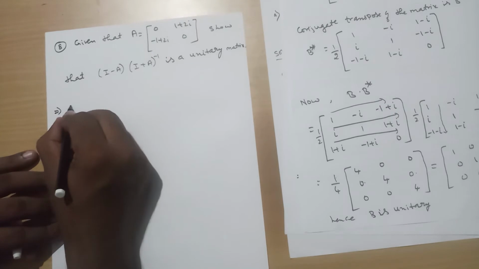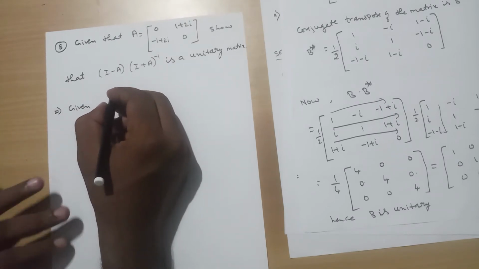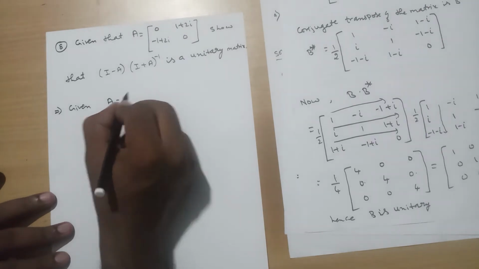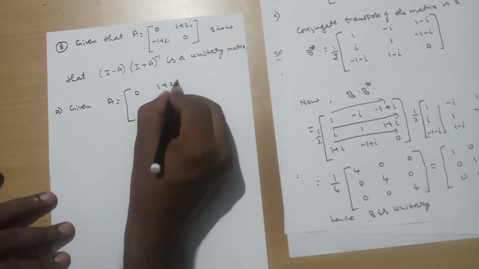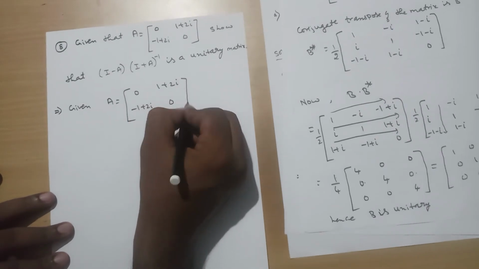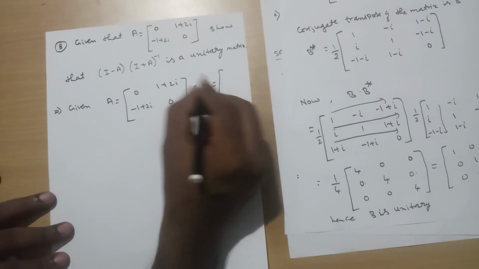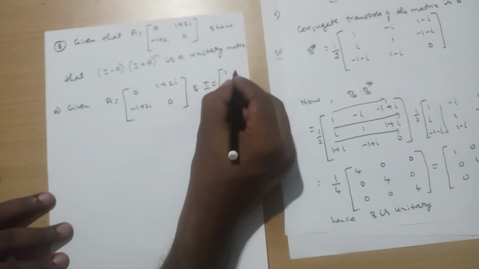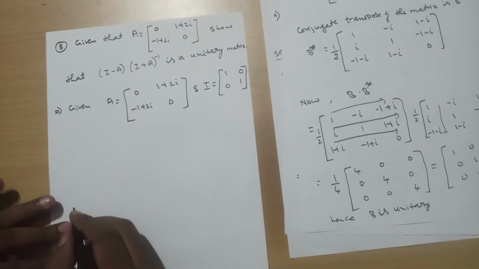So given, so what is the given here? So A equals 0, 1 plus 2i, minus 1 plus 2i, 0, and I have to take identity matrix. So matrix A is 2 cross 2. So identity matrix also I have to take 2 cross 2 matrix.